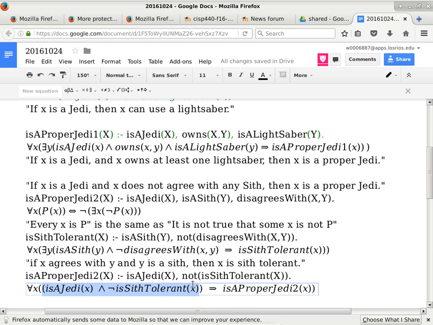If this part is false and we're dealing with an implication, what does it make the entire implication? The entire implication is true. So we don't have a problem of this rule being false when we are considering elements in the universe that are not even Jedis. Is that okay?